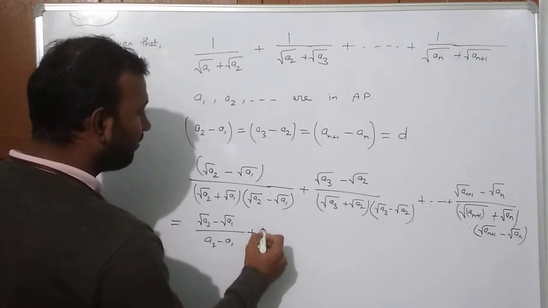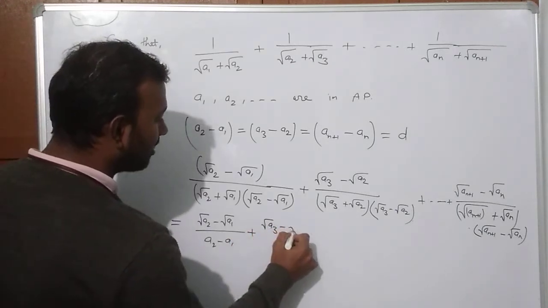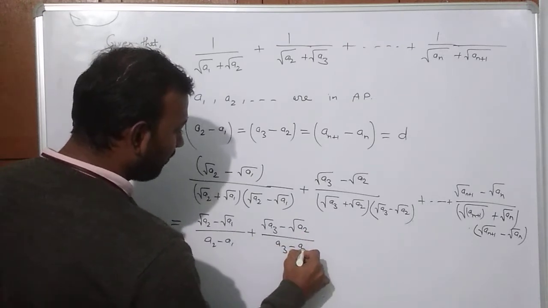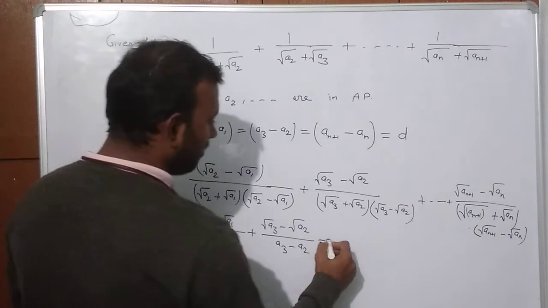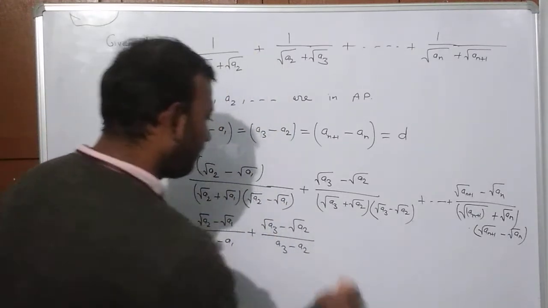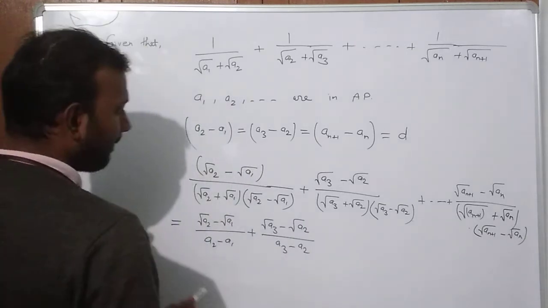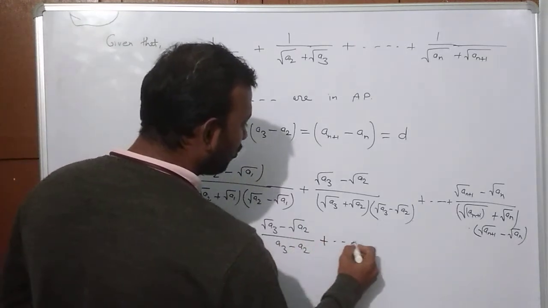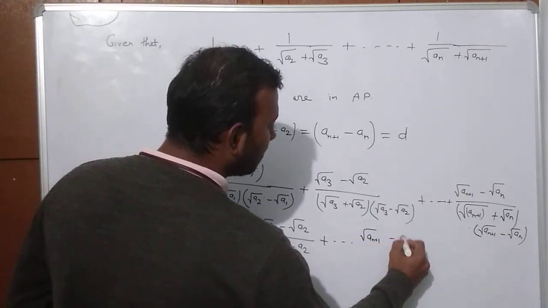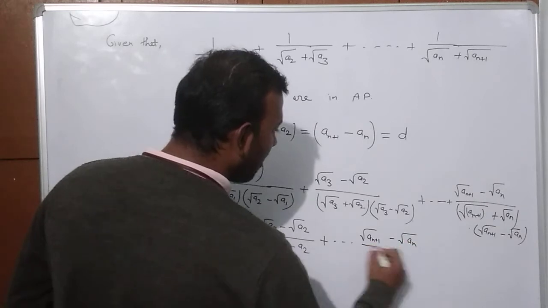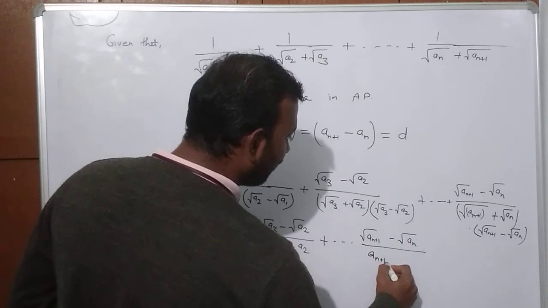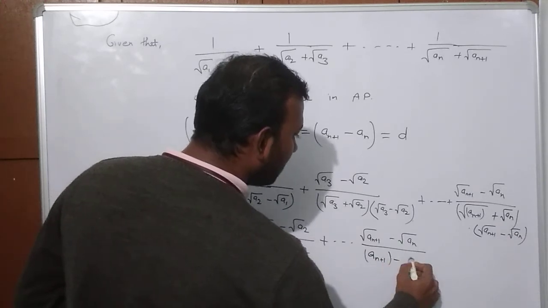Similarly, we have under root a3 minus under root a2 upon a3 minus a2, also plus here. And so on, under root a n plus 1 minus under root a n upon a n plus 1 minus a n.